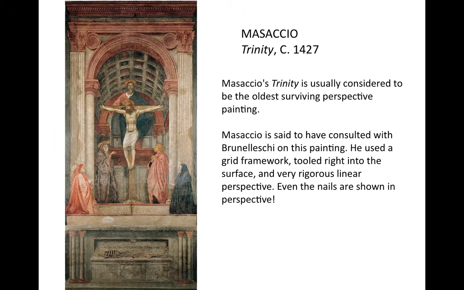So, very large painting. This is fresco. That's why it says that he tooled right into the surface. So this is painted on wet plaster on a wall, which was a very common way to create paintings, murals during the Renaissance. So he actually was able to tool or mark right into that wet plaster to help him see where all of these lines would go.